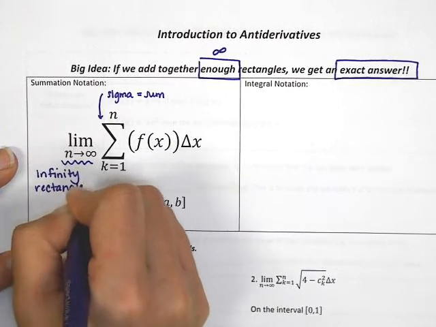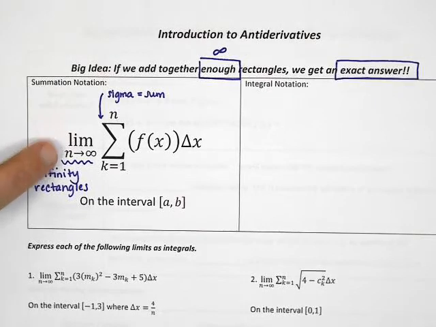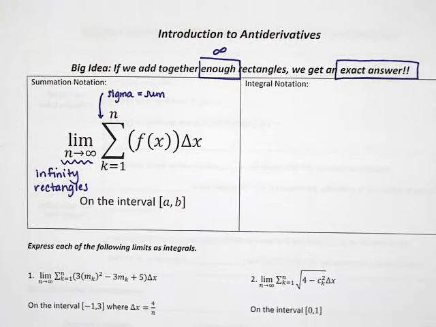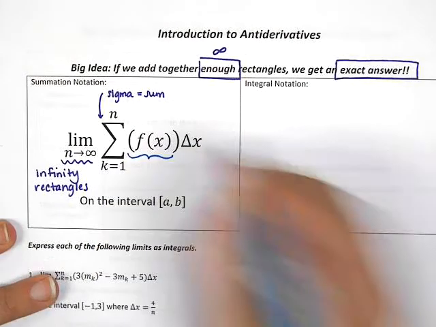In this notation, the n represents how many of these things you're adding. Since we're letting the limit as n approaches infinity take over this problem, we're adding up infinity rectangles. Now, what exactly are we adding? Well, every rectangle is going to be made up of two things, a base and a height.